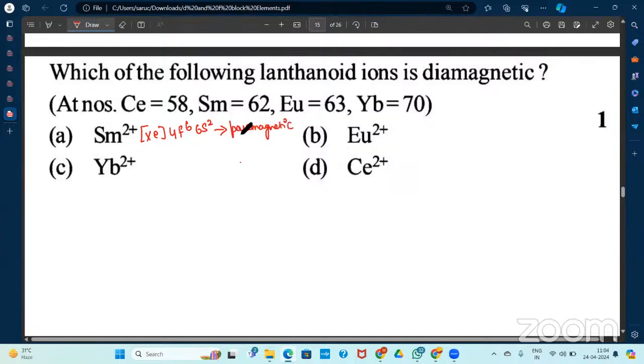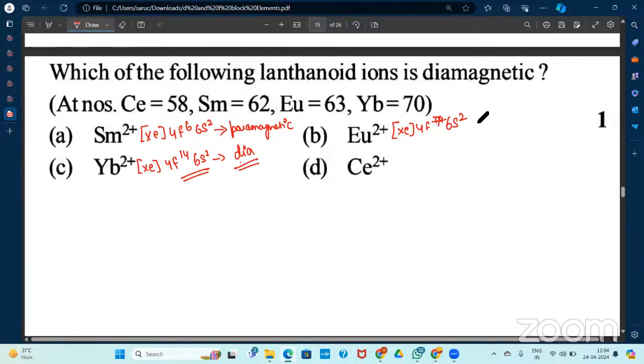And ytterbium is xenon 4f14 6s2. It doesn't have any unpaired electrons, so it is going to be diamagnetic. For europium, it is xenon 4f7 6s2.